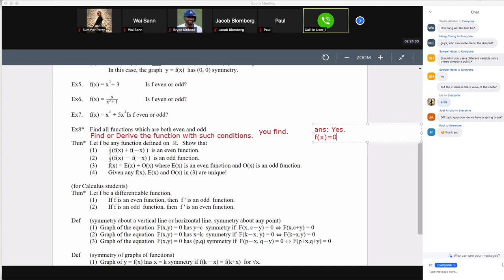It is an important fact that the zero function, which means f of x equals 0 for all x, is an even function and at the same time an odd function. And by the way, this is the only function which is even and odd at the same time.